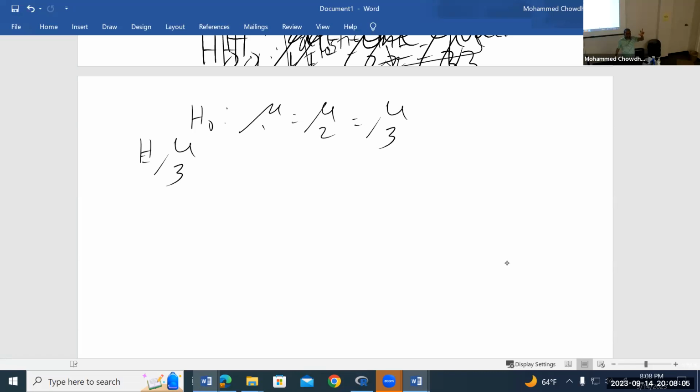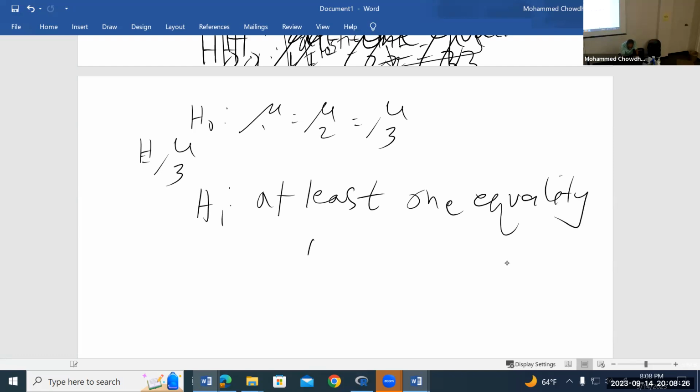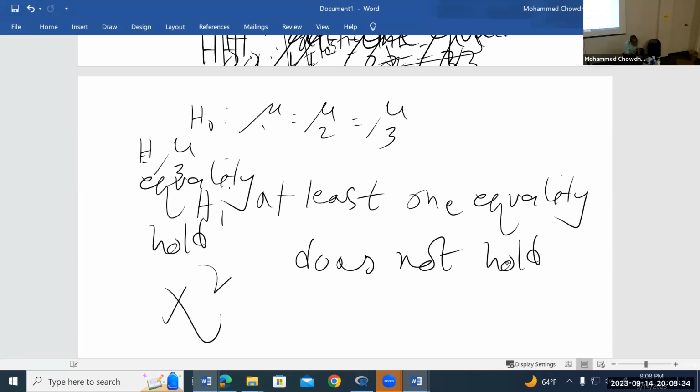Corresponding to these 3 programs, they are testing whether the average number of absences is the same for each of the 3 categories. And what is the alternative hypothesis? The alternative hypothesis is this: at least one equality does not hold. That test could be done by the chi-square test.